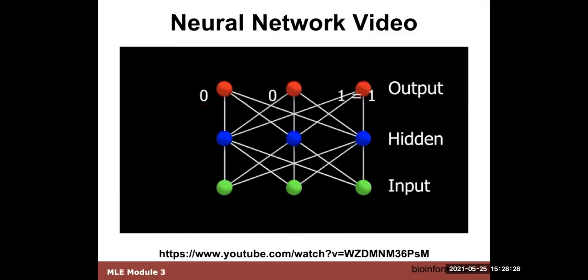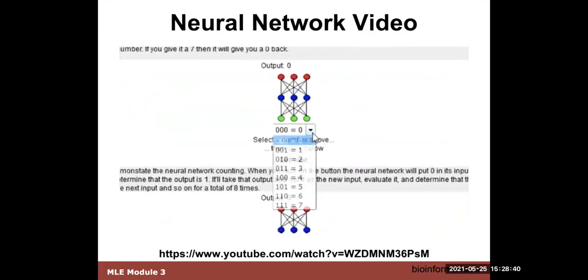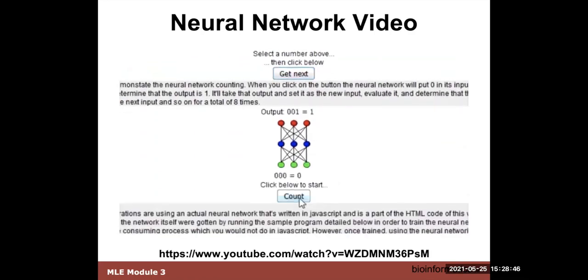And from then on, you simply take whatever it outputs and feed it back into its inputs. It just keeps on spitting out 0 to 7, and then keeps repeating. It counts. I've actually embedded the trained neural network into a web page, which I'll talk more about later. Here I give it a 2, and it spits out a 3. And here I tell it to start counting from 000 on its own.